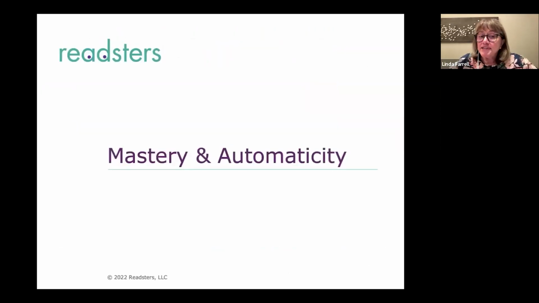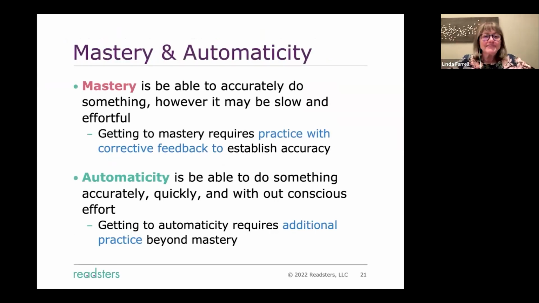We have mastery and automation. This is Michael Hunter, my business partner, and I use these terms. They're often used interchangeably. We don't. What we say is that mastery is the ability to accurately do something, but it might be slow and effortful.